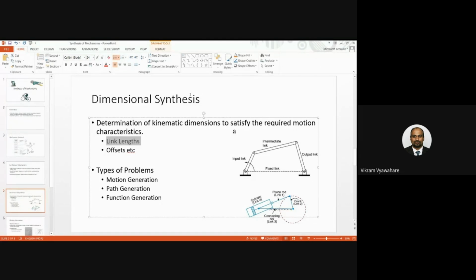There is motion generation, path generation, and function generation. Not necessarily is there any sequence to this. These are the different types of problems that you can encounter in dimensional synthesis. So we want to understand the classification of dimensional synthesis.